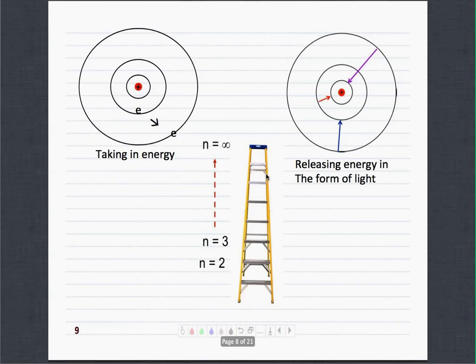It is quantized. It goes from n equals 1, n equals 2, n equals 3. There is no half step. There is no 2.5. There is no 3.5. And there is no, for example, 3.25. And this is why it is quantized, and this is why we don't see the whole rainbow when those atoms emit light. We see only certain wavelengths of light.